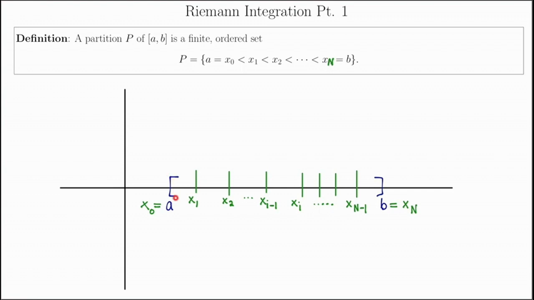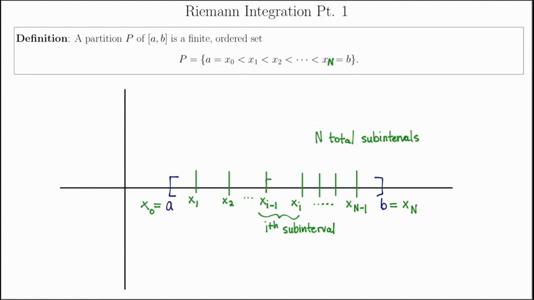Then if you look at this very first subinterval that we've created, the subscript on the right is 1. So from the left side to the right side, you index your subintervals using the right subscript. Therefore, this subinterval is the ith subinterval, and we can say that we have n total subintervals.